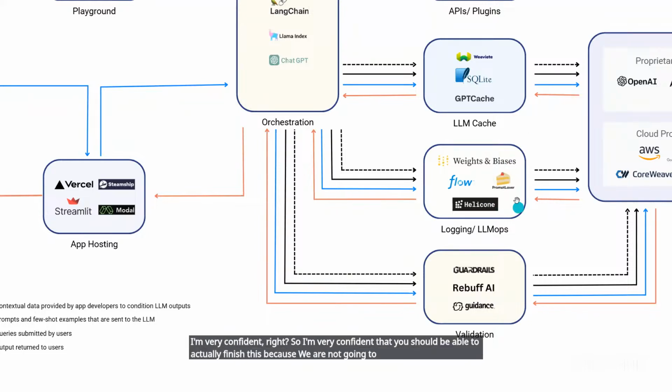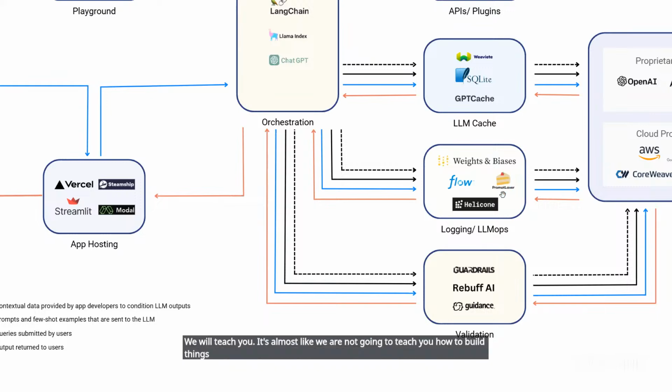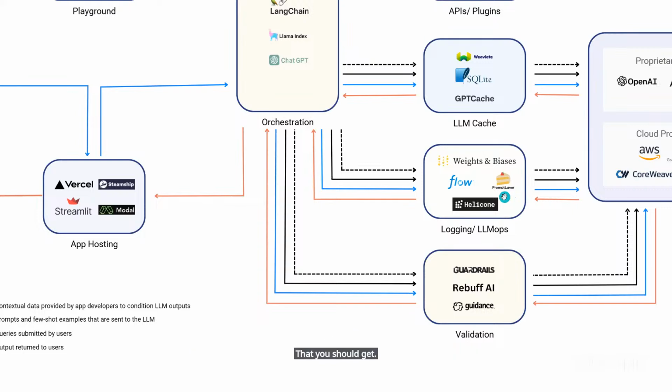you how to build these tools from scratch. It's almost like we are not going to teach you how to build things bare bones. Writing the first line of observability code will tell you what are the best open source tools that you should get for implementing observability.